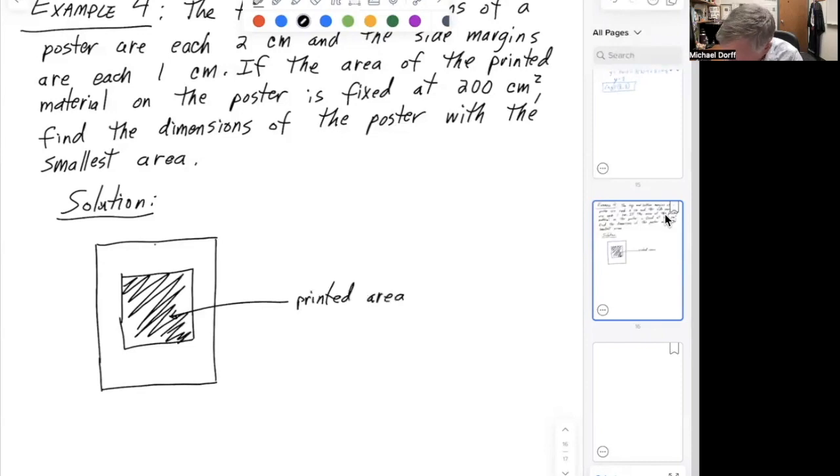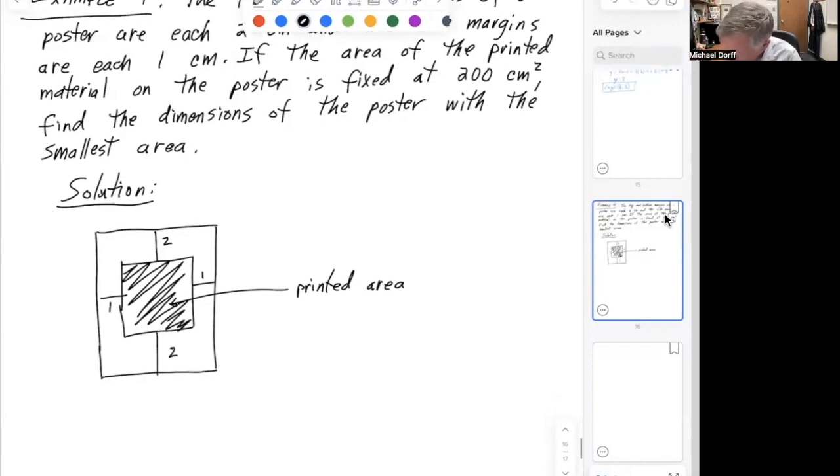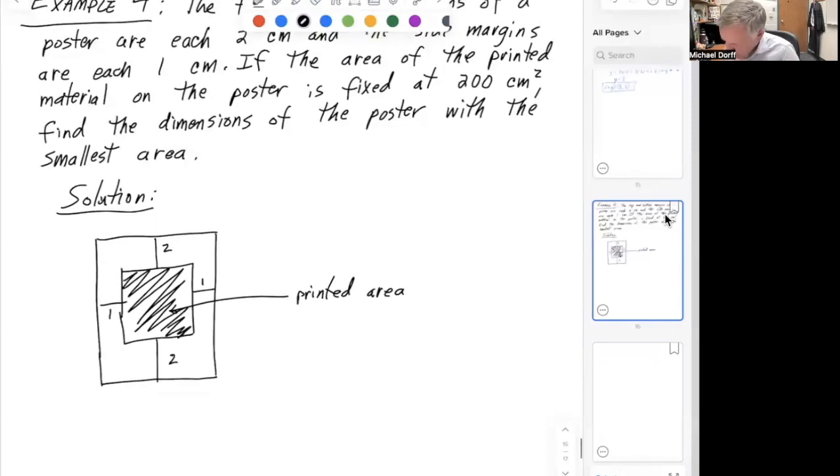And we know that we have a margin here that's 2 centimeters and 2 centimeters here, and 1 centimeter here, and 1 centimeter here. And we also know that the area of the printed material is fixed at 200 centimeters squared, and we're supposed to find the dimensions of the poster with the smallest area. That's the total poster, okay?